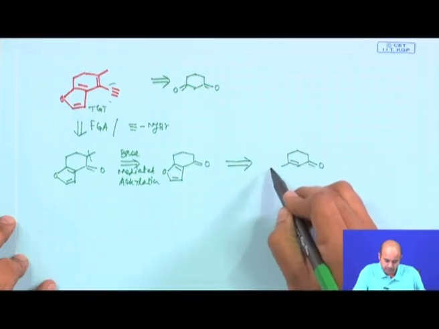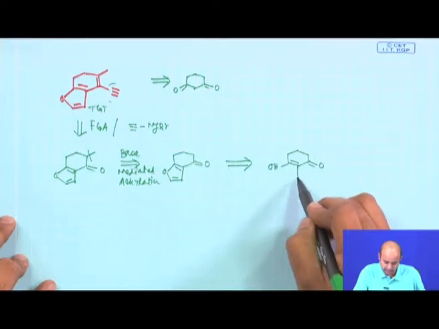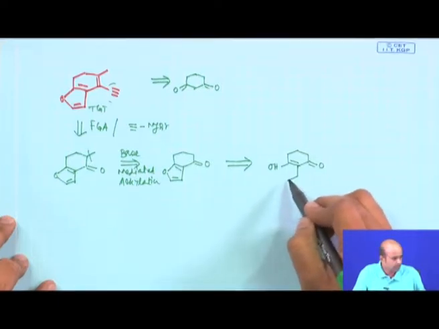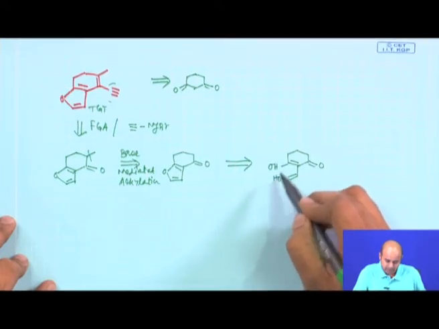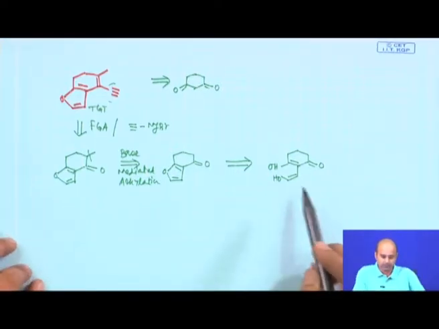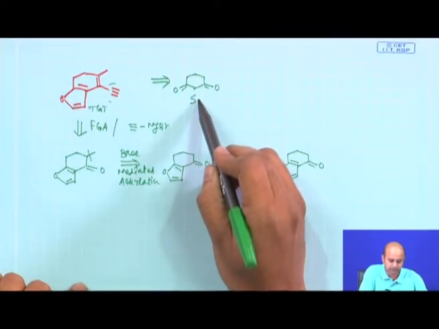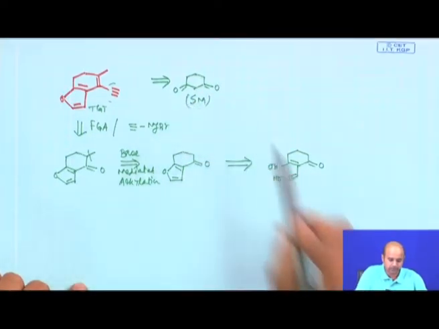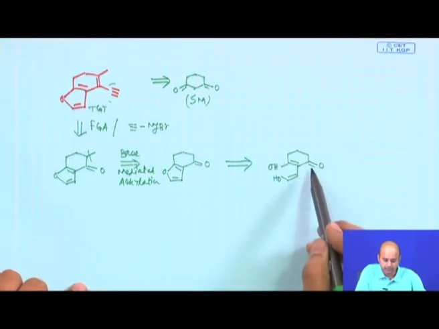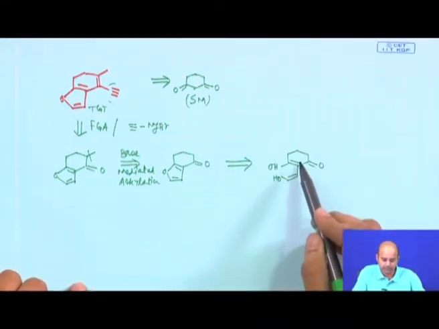If you have a compound like this and this vinylic alcohol, this will undergo a dehydration reaction to make this compound. Now, our initial starting material which was given is a cyclohexane 1,3 dione. See, the cyclohexane 1,3 dione almost came into the design.